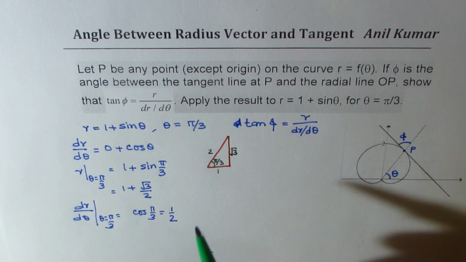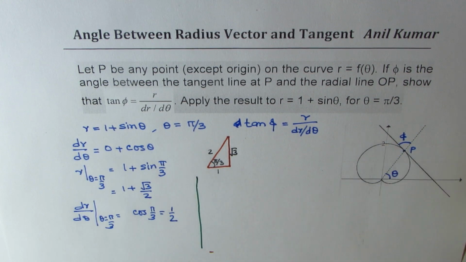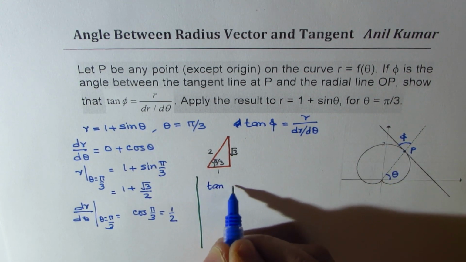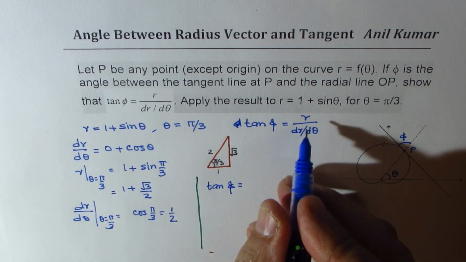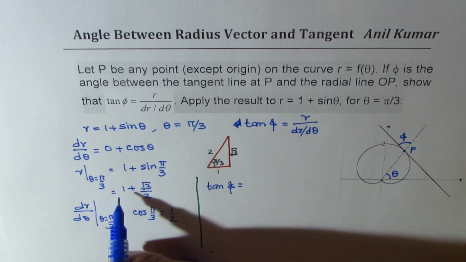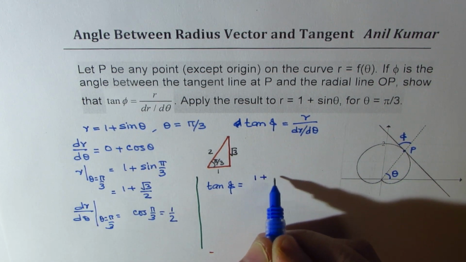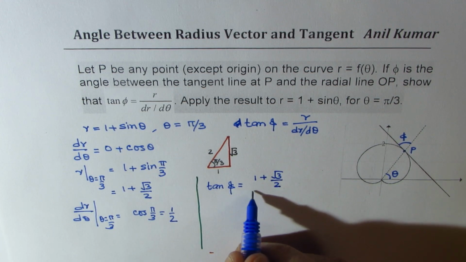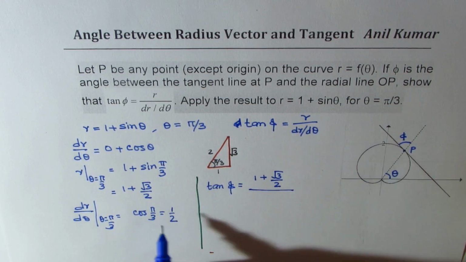Now once you know this, then it is very simple to find tan phi. So from here we get tan phi equals r. So r is for us 1 plus square root 3 over 2 divided by dr d theta, which is half.